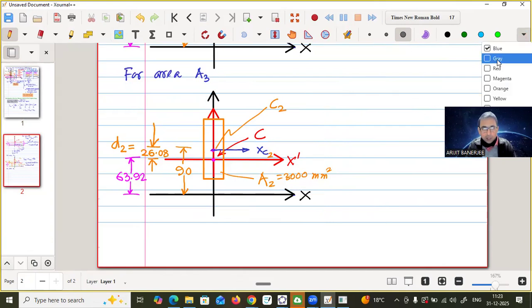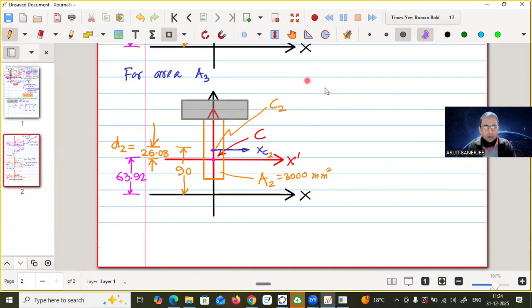This is here. This is this shape. And we know the centroid of this.